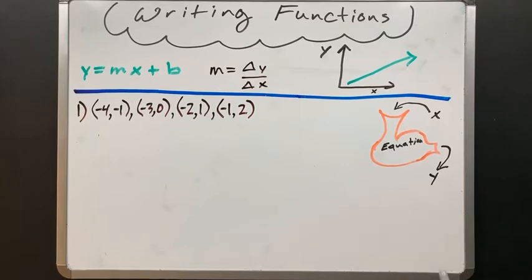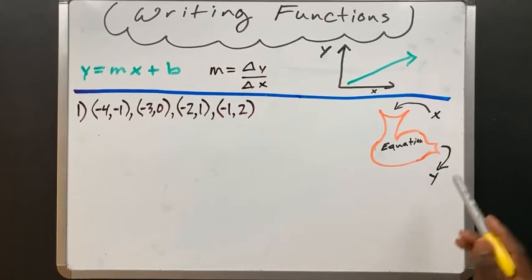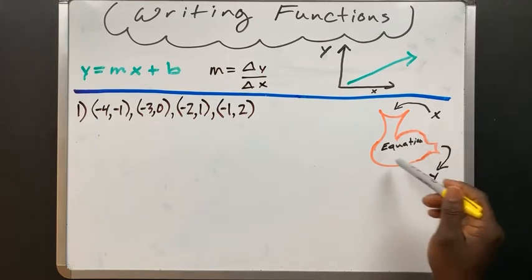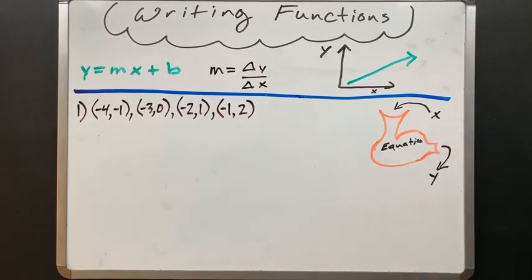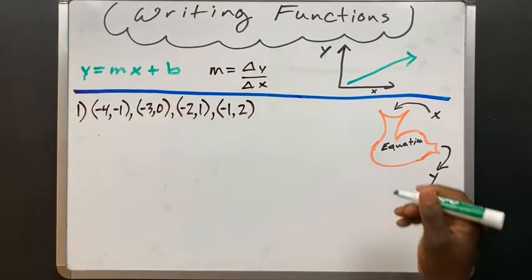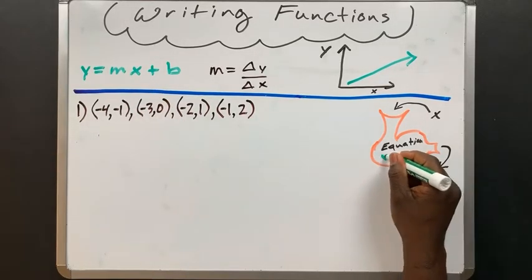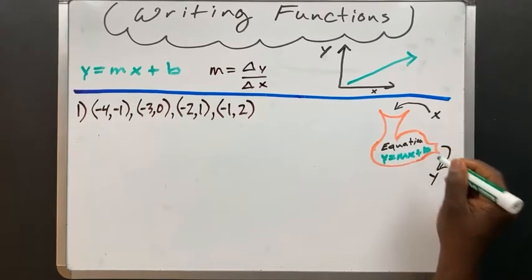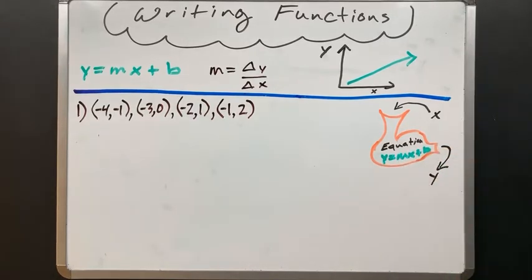Now we know that according to this function machine, the x values go in first, so that's the independent variable. Then you have an equation in here, which could be something where y equals m times x plus b, which is the slope-intercept equation.